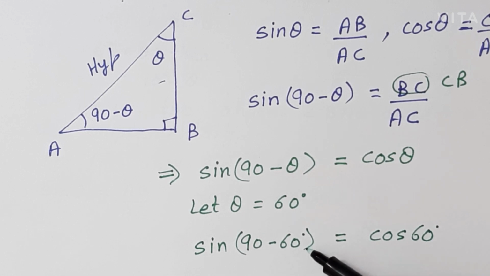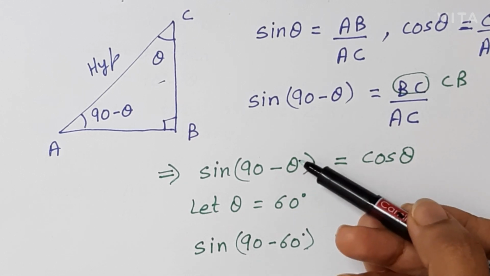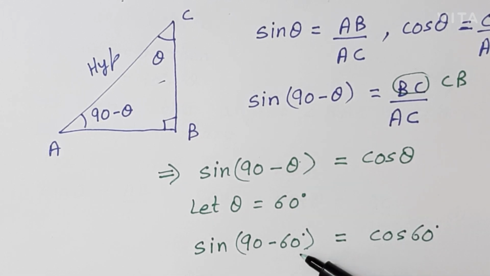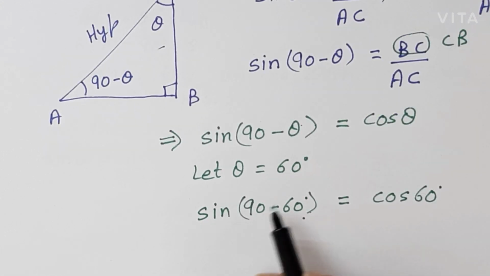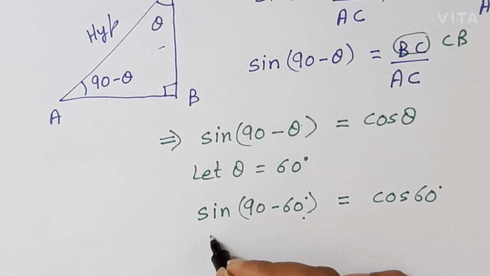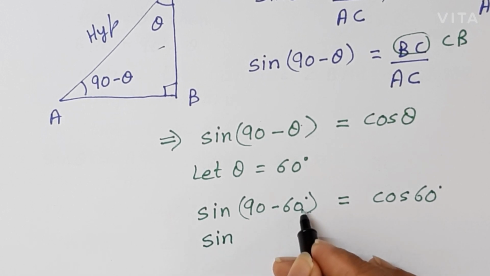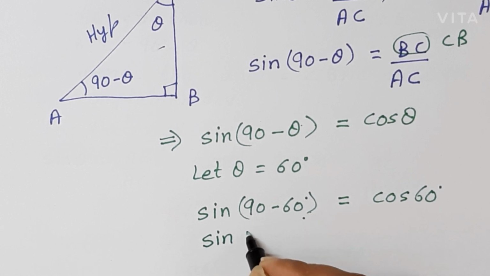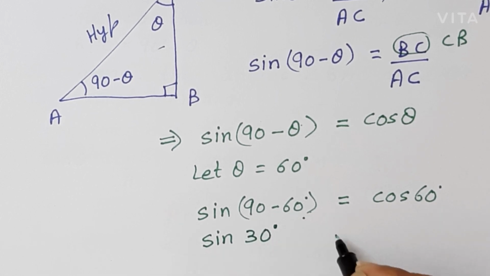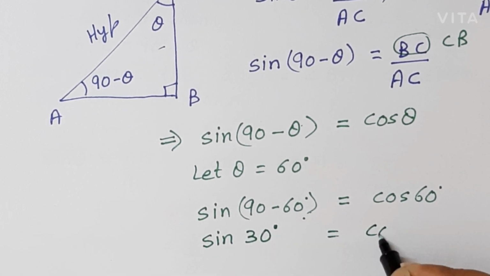Students, here I have just substituted the value. Theta I have considered as 60 degree at both the places. Right? Now, what is sin 90 minus theta? Sin, what is 90 minus 60? 90 minus 60 is 30 degree. And this is cos 60 degree.